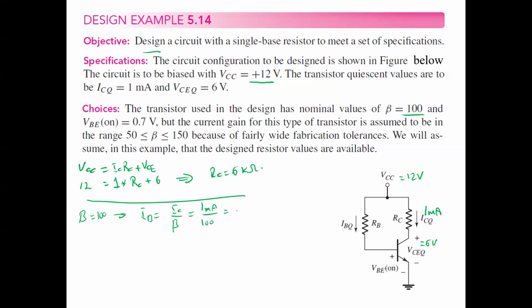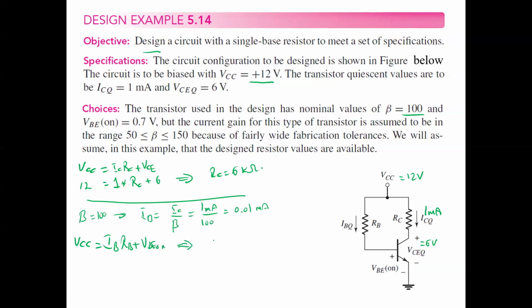So this means 0.01 milliampere. This is our base current, or 10 microamperes. So this is the base current we have right now. We need to get the value of R base. So simply we can use the input side equation: VCC equals I base, R base, plus VBE on, which is 0.7.